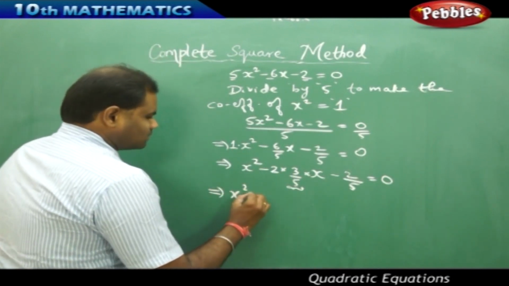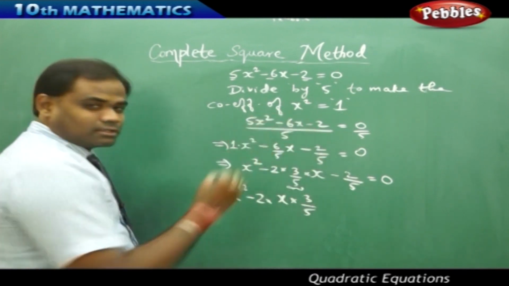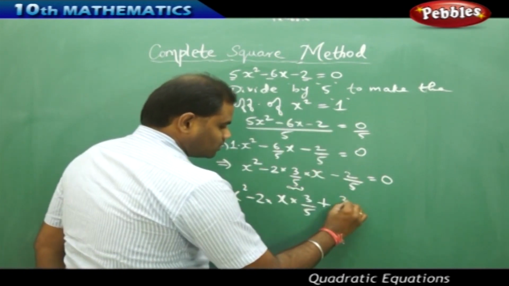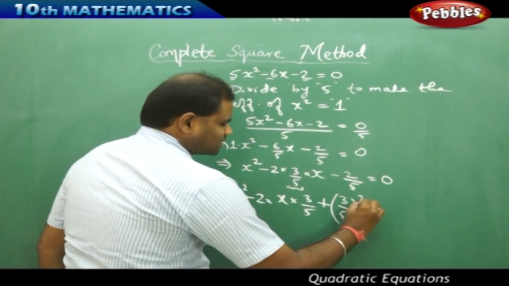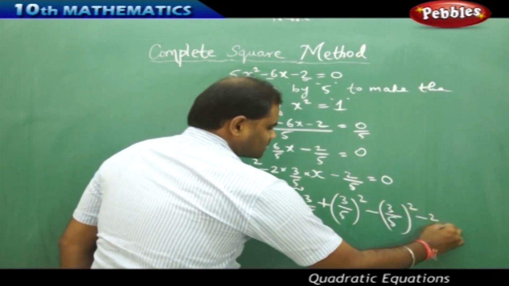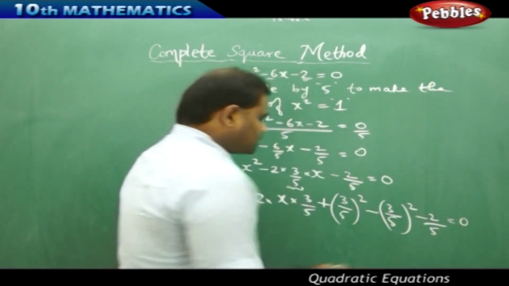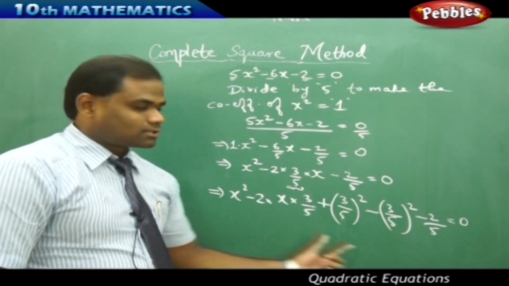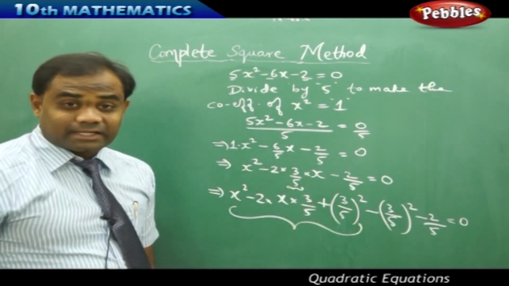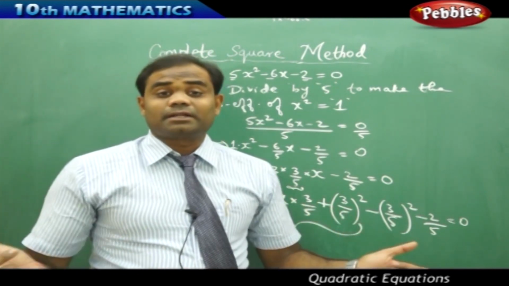So a square minus 2ab is written in order, and b square is not available here. So equally I add this b square term and subtract the b square term so that the whole equation doesn't get disturbed. Adding and subtracting the b square term is strictly because I want to reduce this into a perfect square, where the formula says a square minus 2ab plus b square is a minus b whole square.